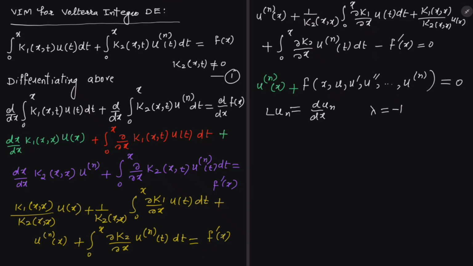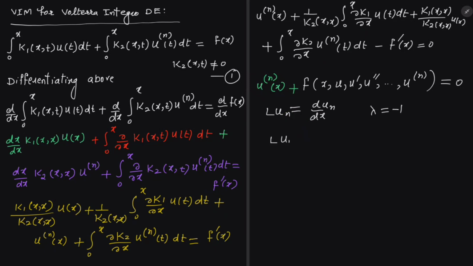So our linear operator will be this nth derivative over here. Here this n is the approximation, which shows the iterative solution.